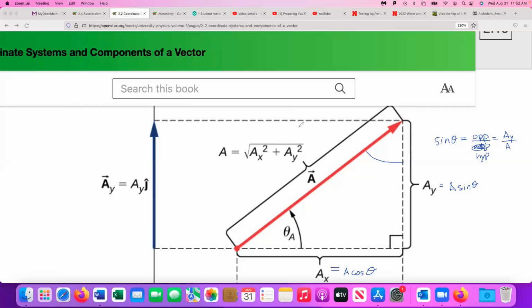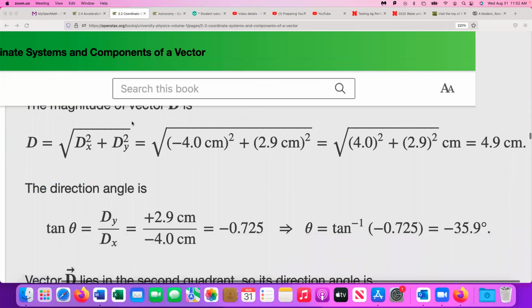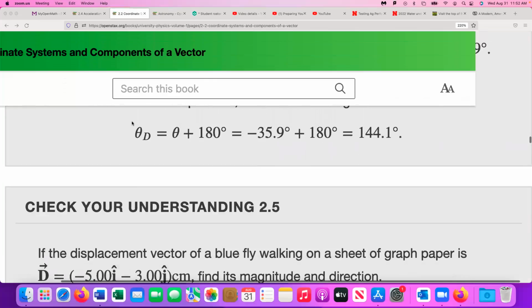So they do that for each one of those legs of the trip in that example. And so they get components for each one of those legs of the trip. After they've got all the components of the legs, then they can just add up all the X components from each leg, add up all the Y components from each leg.